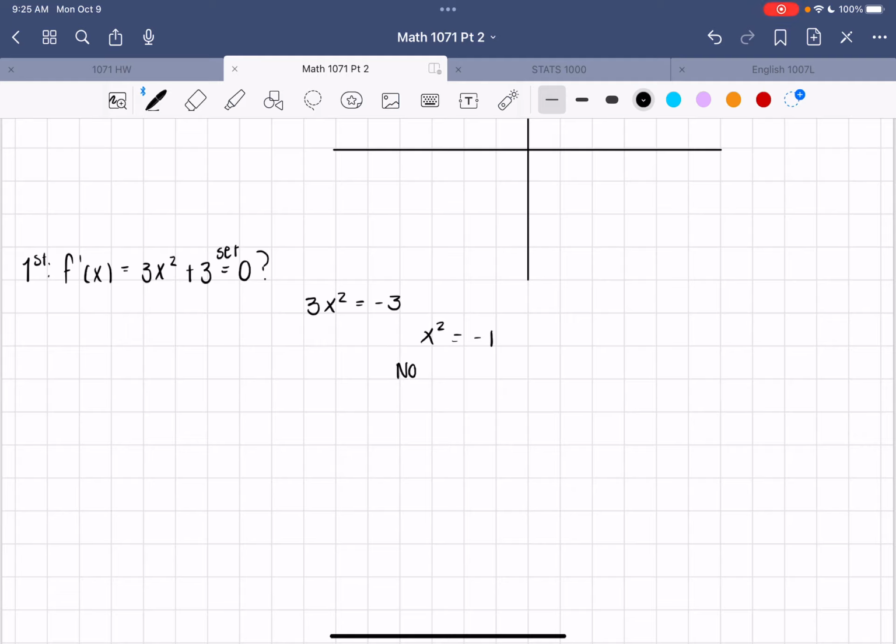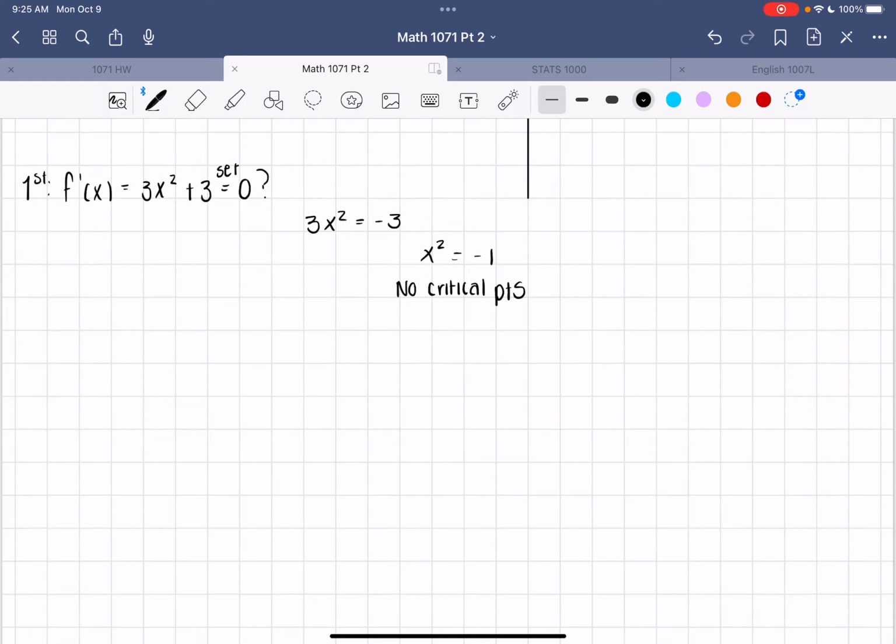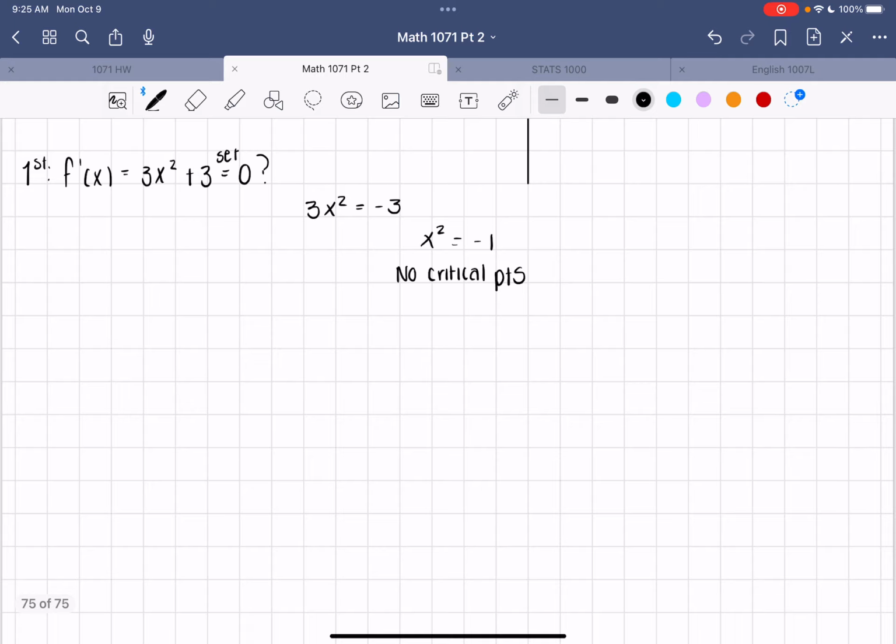And so if there are no critical points, there's only one interval, right? So I want to do my shape table. I have intervals over which I'm going to test the first derivative to conclude something about the shape.